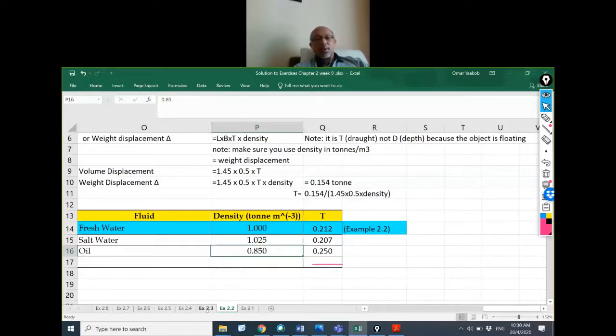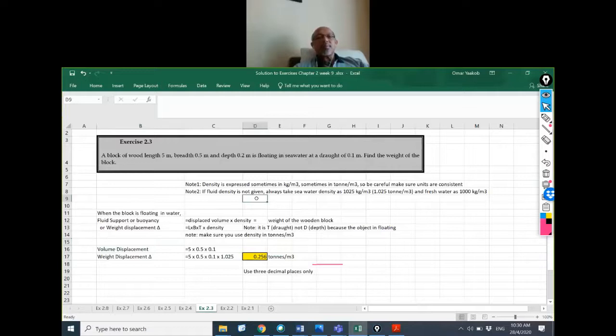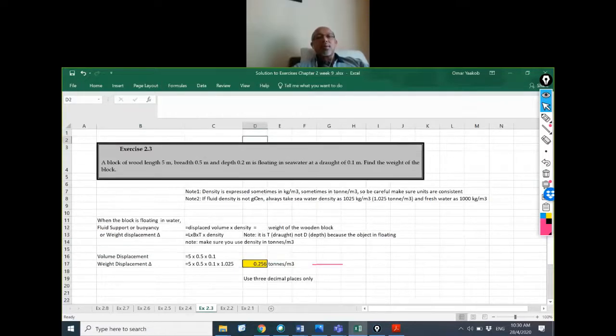Okay, we go to exercise 2.3. We want to find the weight if we know the draft. So this is much simpler. By knowing the draft, if it is a block of wood, a cuboid, then it's just length times B times T, not D, and you get the volume displacement.